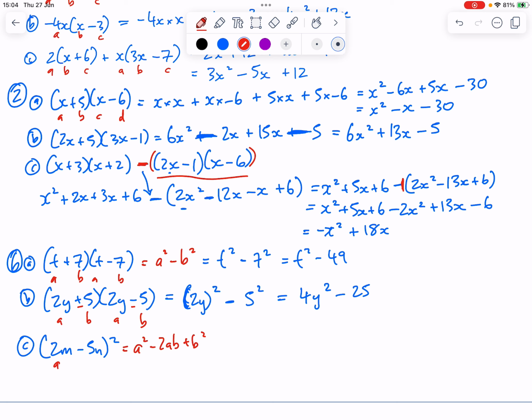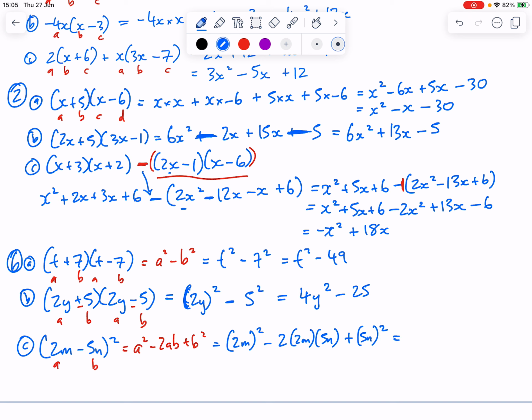B is 5n. So your working out is going to be a squared, which is 2m squared. Take 2 lots of a, which we said was 2m, times b, which was 5n, plus b squared, which we said was 5n, but it's b squared, so chuck it in brackets.